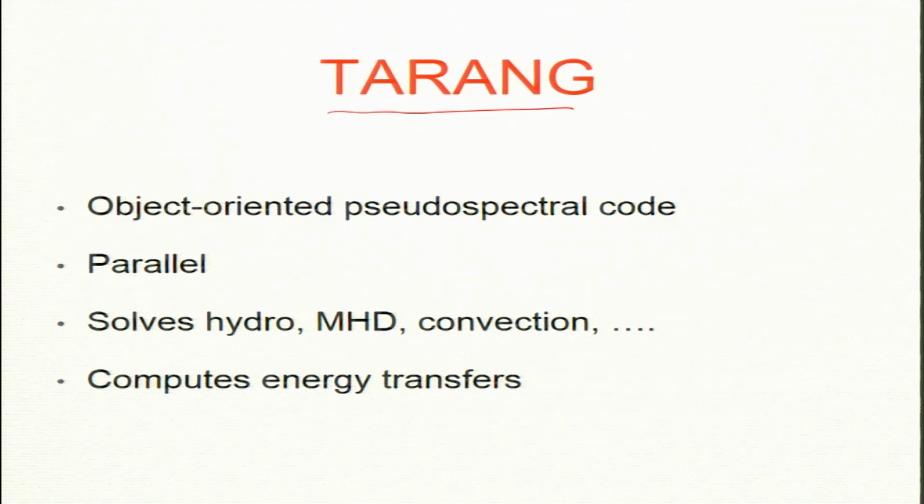Since it is general, I can plug in more variables and more nonlinear terms, and it does it. It is parallel, which means I can use many computers to solve these equations. It is faster; otherwise this will take too long, impossible in fact, if you do not use parallel. And it computes energy transfers. This is the advantage of this solver. This is not computed by everyone. This is unique to our lab, that we compute these energy transfers, and it gives you a lot of insights.